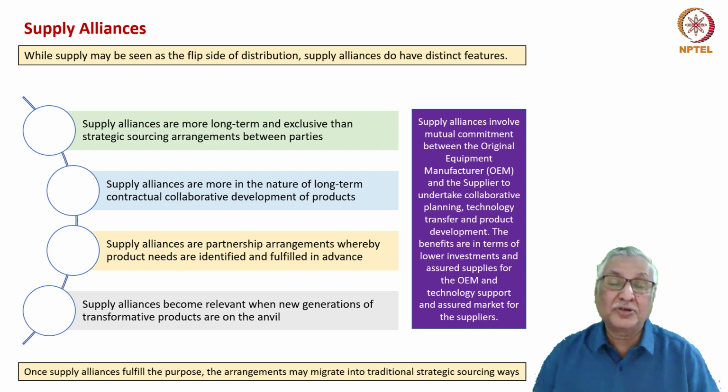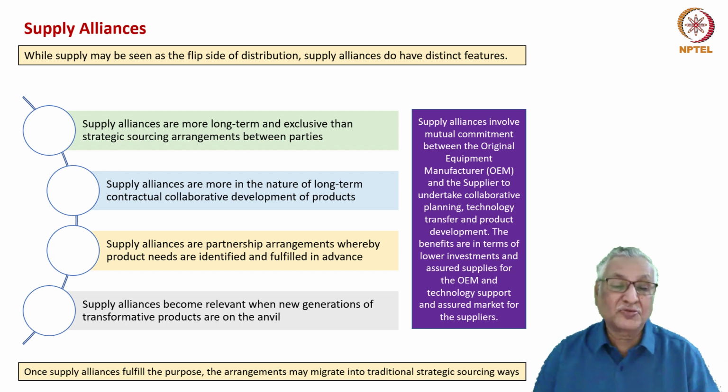Both parties have to share their resources, their technical capabilities, and their understanding of the future business to be successful in supply alliances. The benefits are lower investments and assured suppliers and supplies for the OEM, and technology support and an assured market for the suppliers.